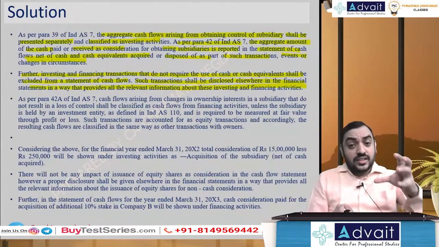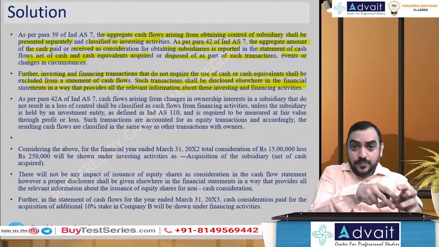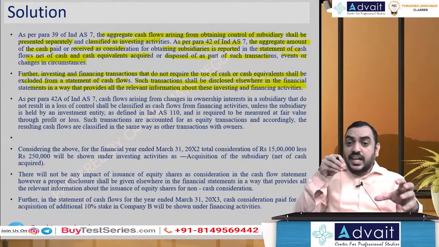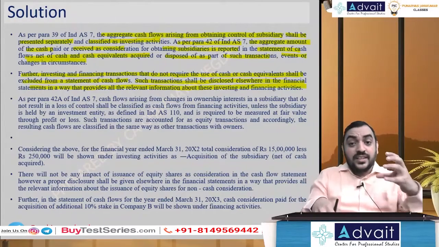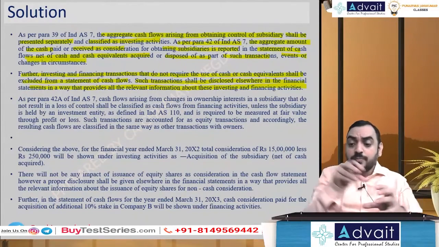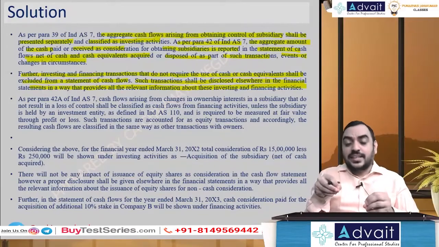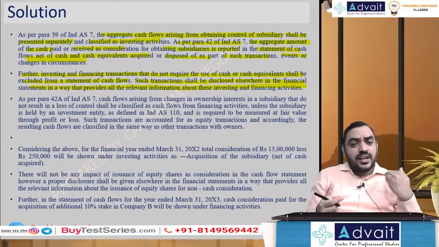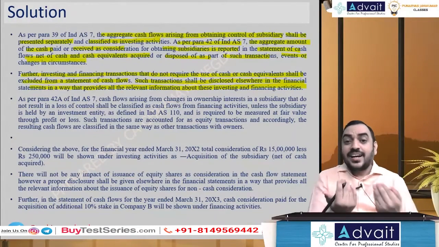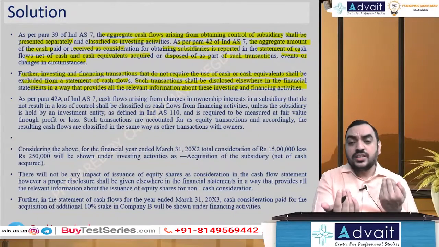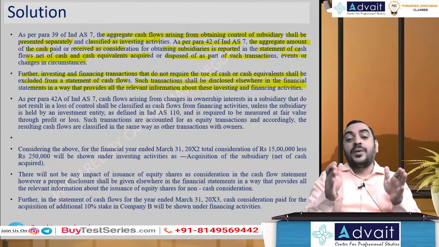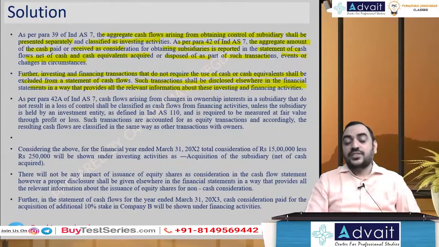Now in purchase consideration, if cash is there, and in net assets acquired also cash is there, one part of PC is cash and one part of net assets is cash. Isn't it a cash for cash transaction, cash going out against cash coming in? That should not form part of the cash flow statement.